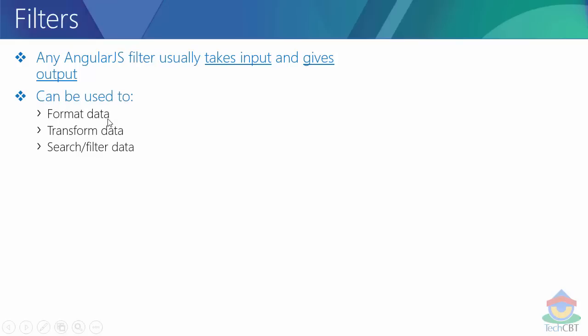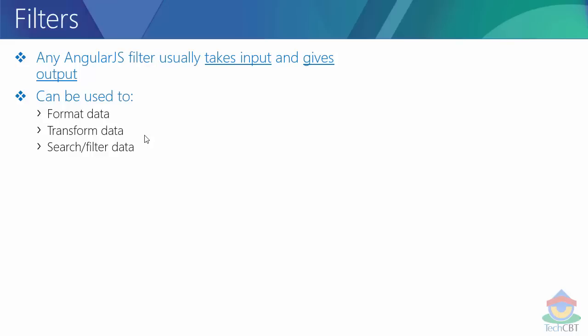For example, you have some date and you would like that particular date to be formatted in the form of MMDDYY or DDMMYY or whichever way you want it. Not only that, sometimes you may want to transform the data, which means I may provide 2, but in fact I might really want the result as 4, say double up the result.